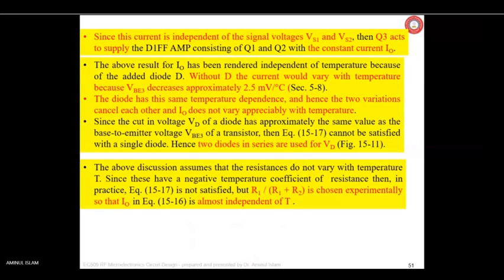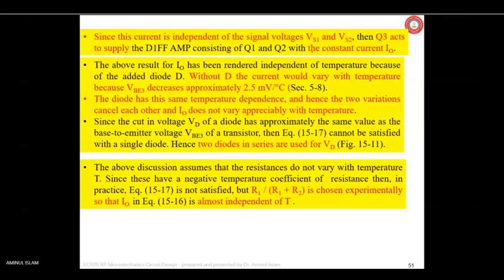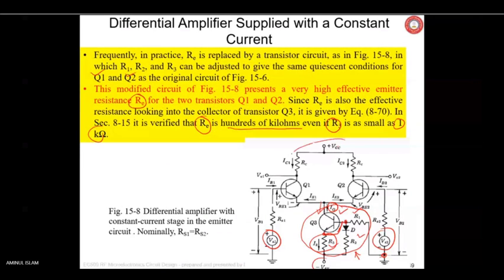So this Q3 acts as a constant current source, or it is supplying a constant current IO, or rather, it is better to say that Q3 is going to sink a constant current IO from the emitter coupled point at the top. These are the emitter coupled. For it, this Q3 is sinking a constant current due to this diode and three resistors.